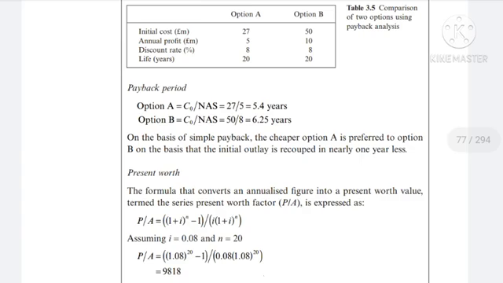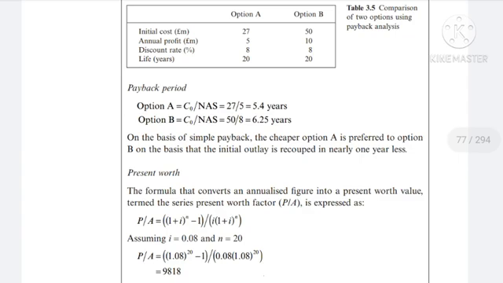For option A, the initial construction cost divided by the annual profit, so this will have 5.4 years.